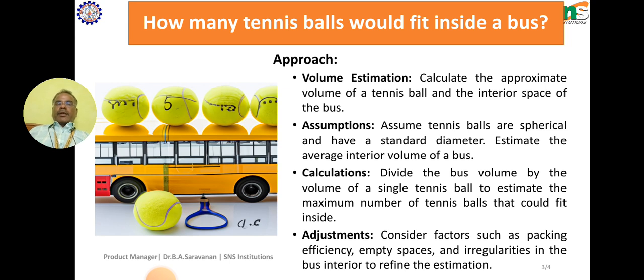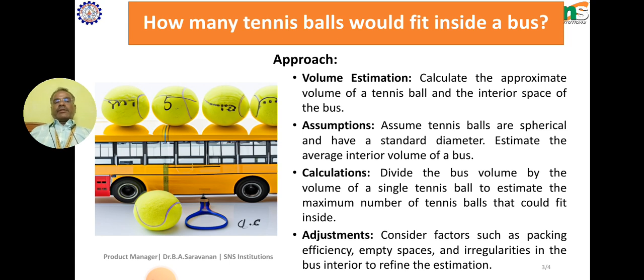Then we are making assumptions. We know the tennis ball is spherical. As a technical person, if it is spherical, we have to see the sizes. If it is a gear, what is the size of the gear; for any object, what is the shape of the object.